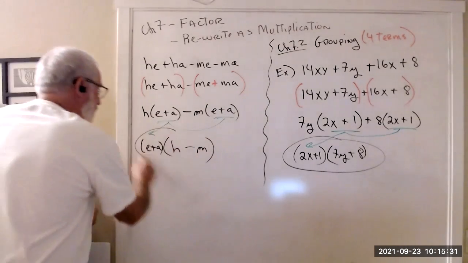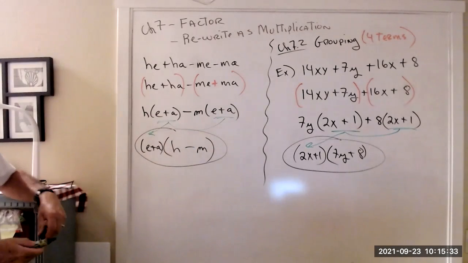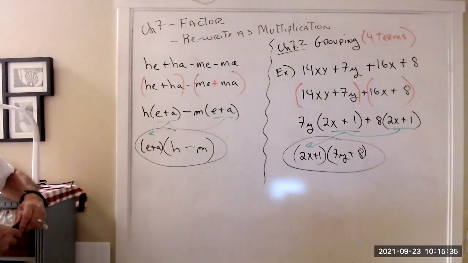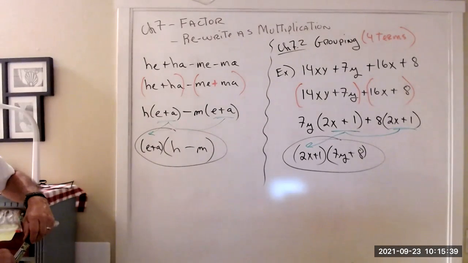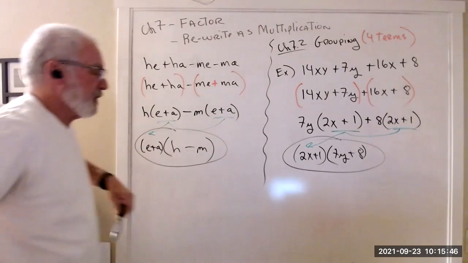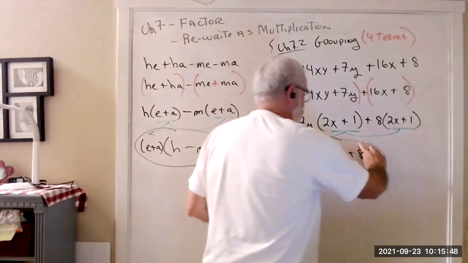And again, that's my answer. So that's two forms of a grouping problem, two examples. Questions? Anybody have any clarification? Anything I can do better on?